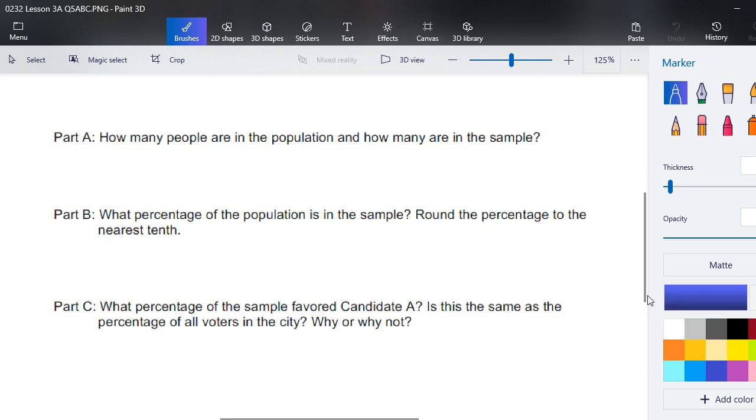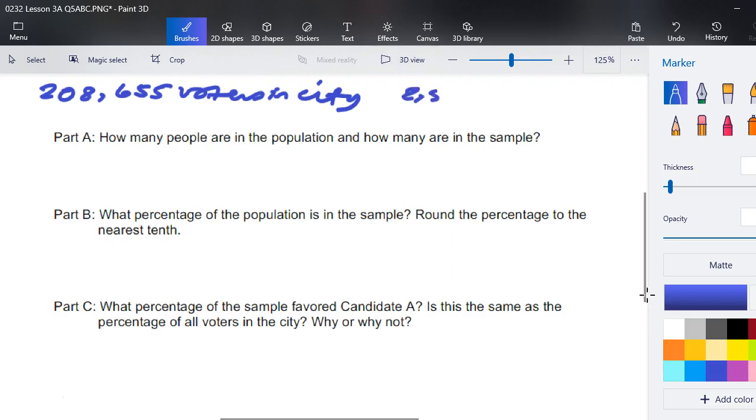The question says, a polling company is interested in determining how many voters in a city favor a particular candidate. It says that there are 208,655 voters in the city. So underline that on your page. And then it says the company surveyed 2,500 of these voters.